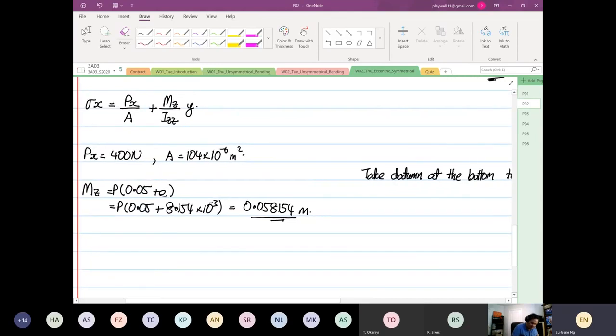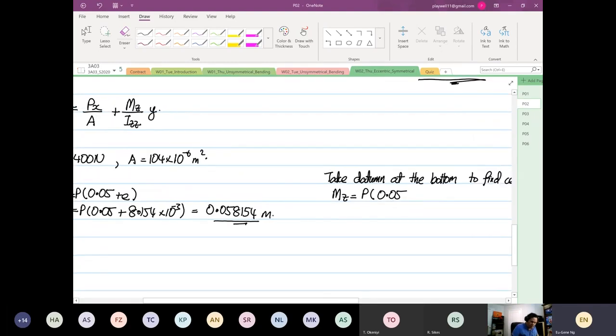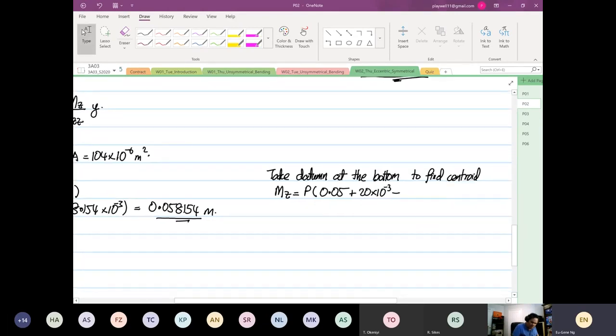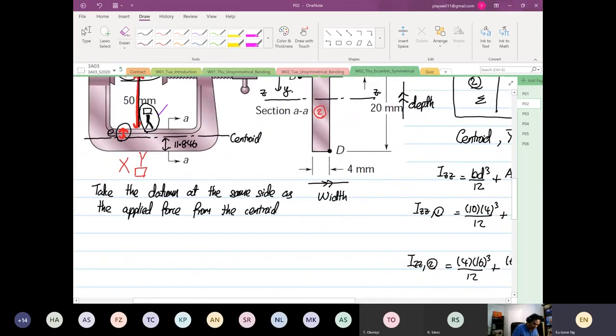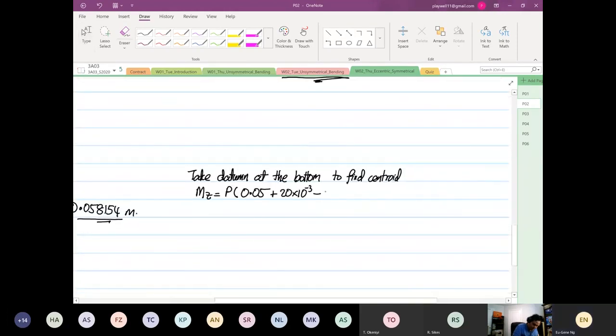So your Mz is equal to P multiplied by 0.05, plus 20 times 10 to the power minus 3 minus 11.846 times 10 to the power minus 3, right?